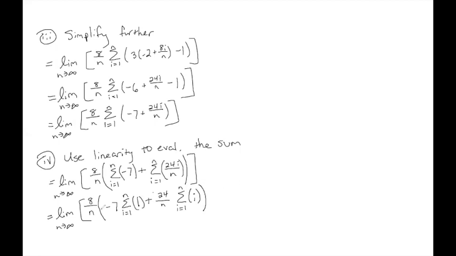Big parentheses to remind myself that 8 over n has to distribute, and big bracket to remind myself that I'm taking the limit. Okay, now that I have this, I'm at the point where I can apply my formulas. So this is step 5, apply sum formulas.